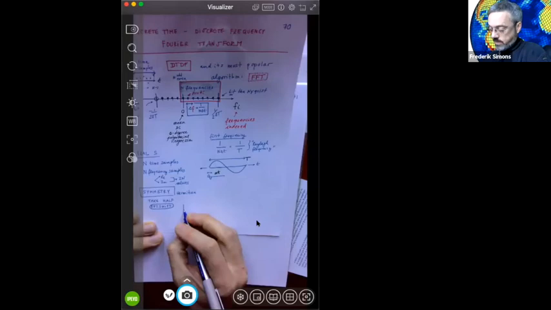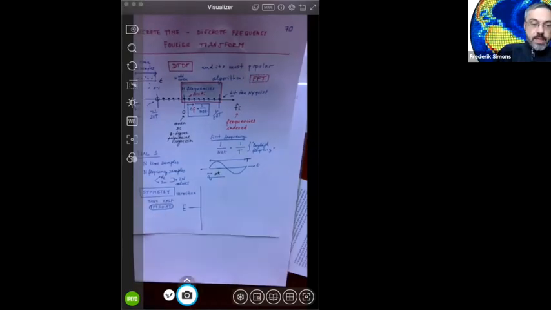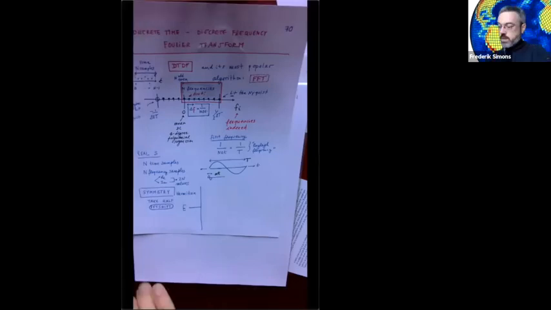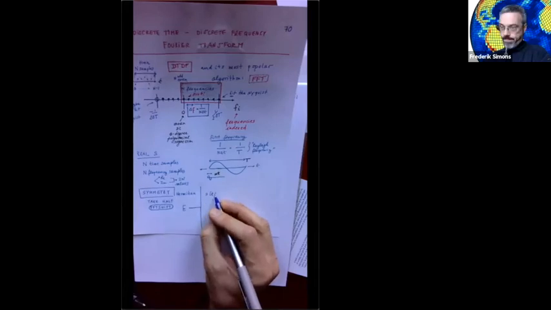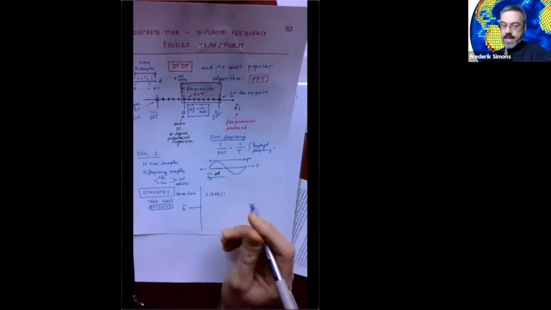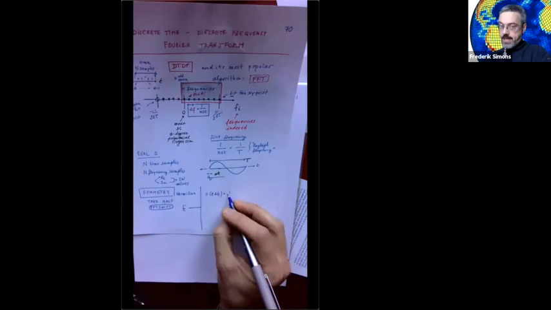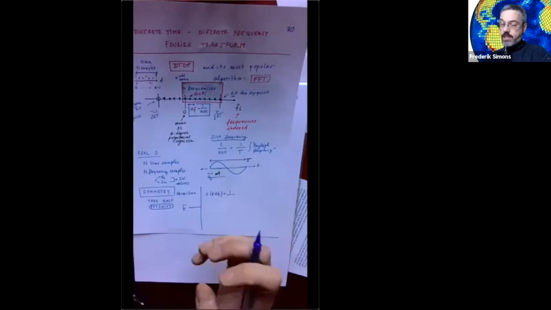That is, what is that actual transform looking like? So I'm going to define it as follows. My sampled signal is s(t delta t). And now I'm writing a particular form.